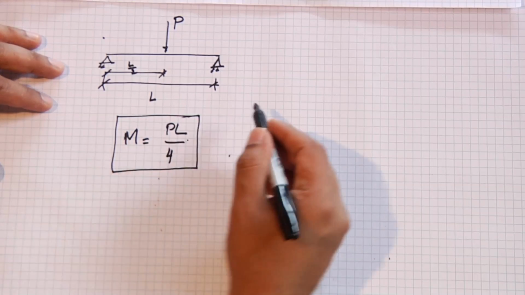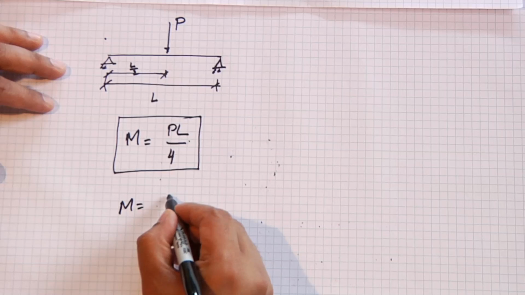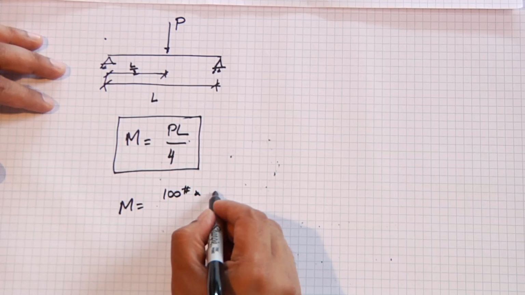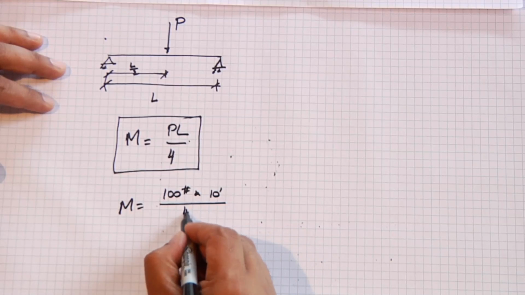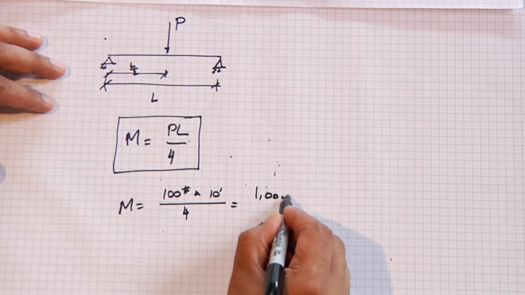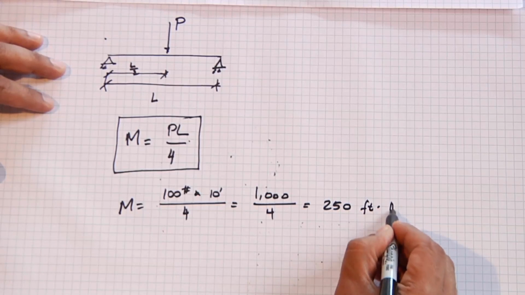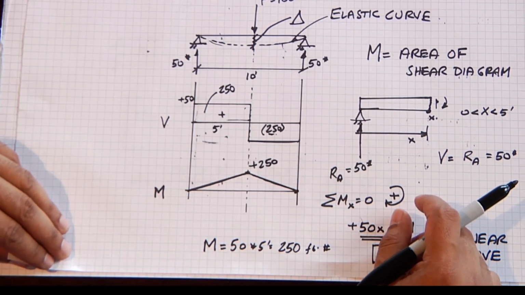Simple formula to remember. And let's try that out. So in this case we had 100 pounds times 10 feet divided by 4, which is 1,000 divided by 4, which is 250 foot-pounds. And that works exactly with our example.